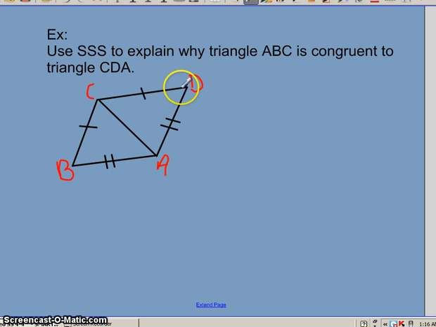So we're given by the diagram that segment CD would be congruent to segment BC. And we're also given in the diagram that segment AD would be congruent to AB.